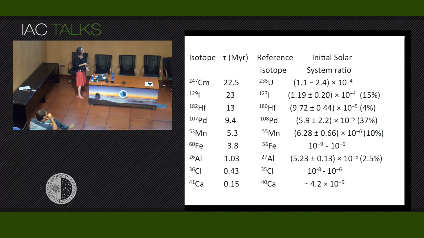And then, unfortunately, there are some cases that, again, we are sure they were present, but people doing the experiments find different values depending on which rocks they use, depending on which instrument they use. So for some of these, they are crucial. But for example, iron 60, you see there's a 3 order of magnitude difference depending on which studies you look at.